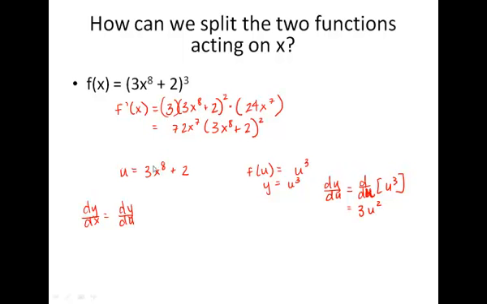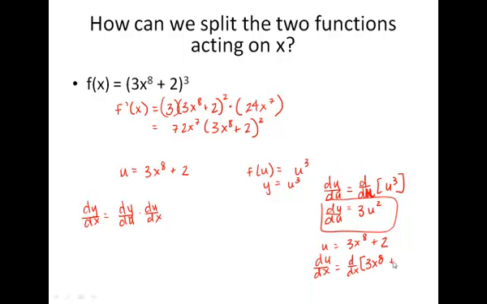Not only do I need dy du, which I've gotten, I also need to go back and derive that inner function. If u is equal to 3x to the 8th plus 2, then du with respect to x is the derivative of 3x to the 8th plus the derivative of 2.